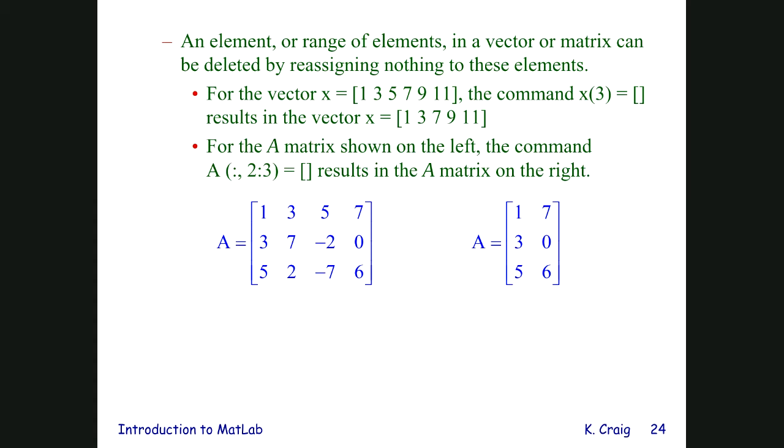And you can partition a matrix. For example, you can say the 2 to 3, what is this? 2 to 3 columns. Which ones will that be? 1, 2, 3, 3, 4.